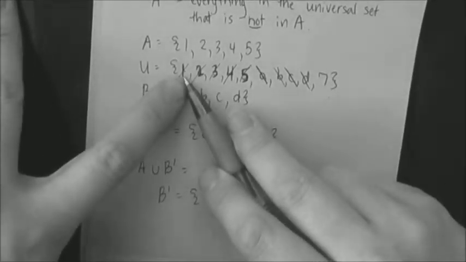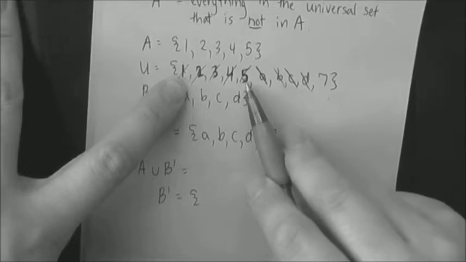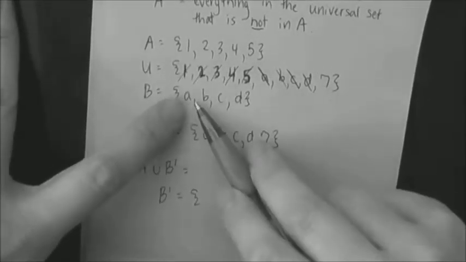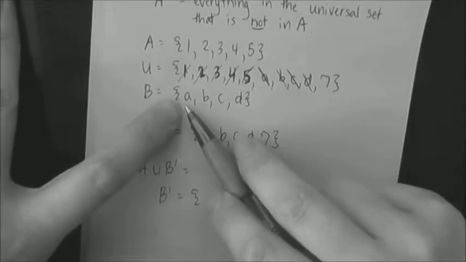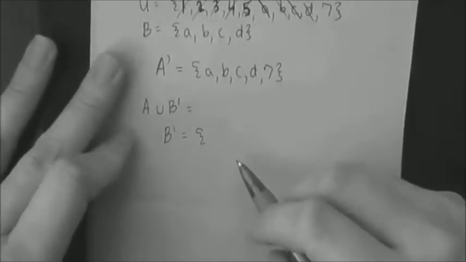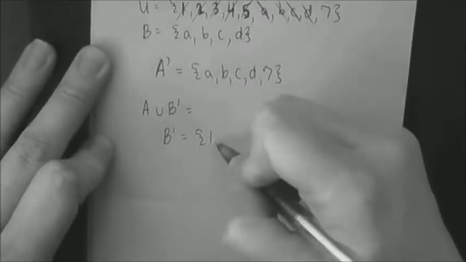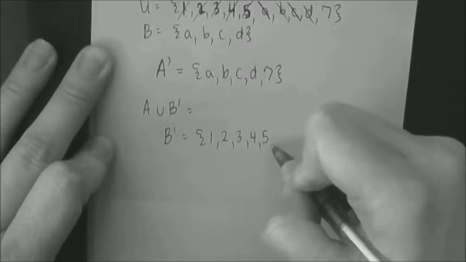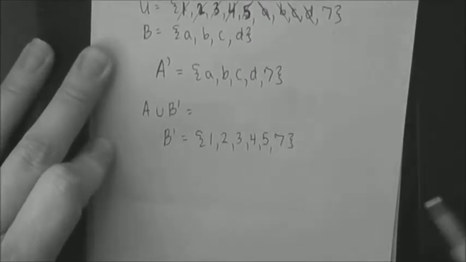So going back to our universal set, we have 1, 2, 3, 4, 5. We also have a 7 left. The A, B, C, D we crossed out this time because we were looking for B complement, and B has A, B, C, D in it. So B complement is going to be 1, 2, 3, 4, 5, 7.